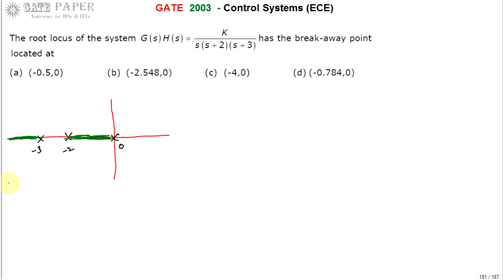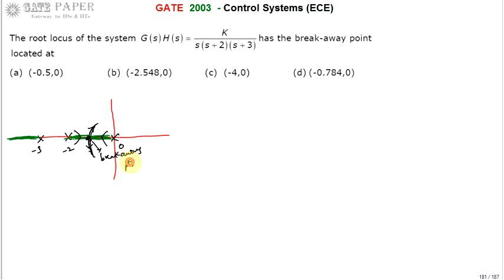Next, the breakaway point. As we know, a root locus branch starts from an open loop pole and ends at an open loop zero. Two branches come towards each other, and then one goes above and one goes below. The point where they move off in this direction is called the breakaway point.